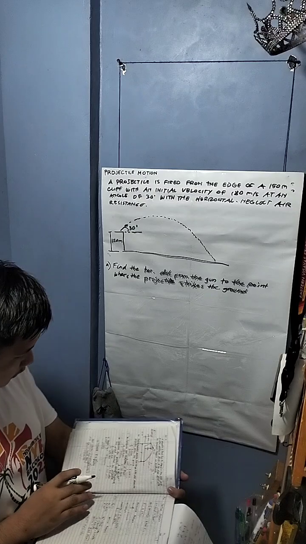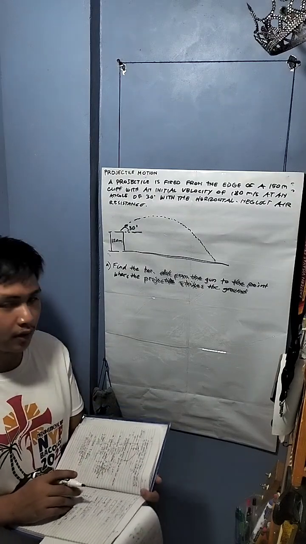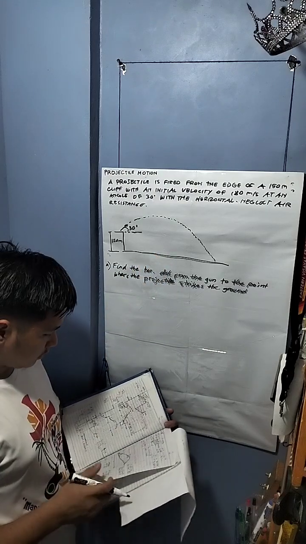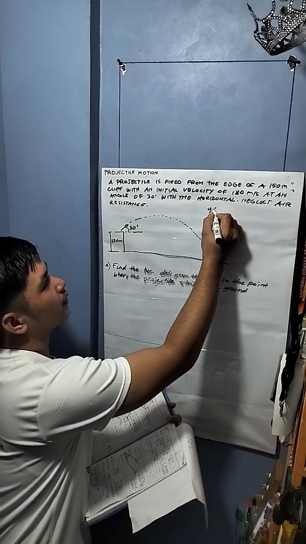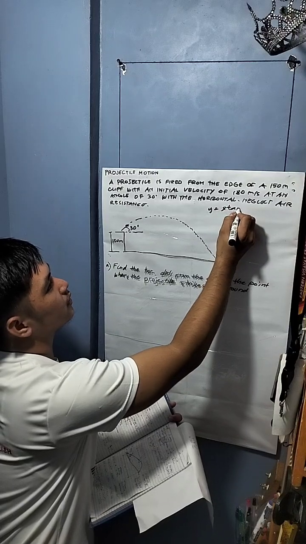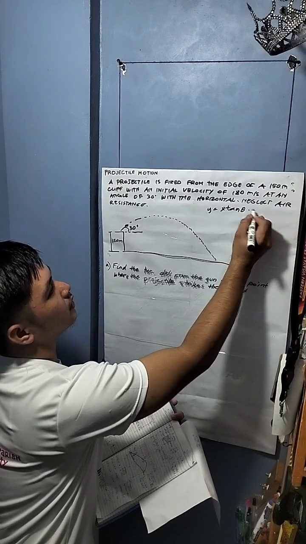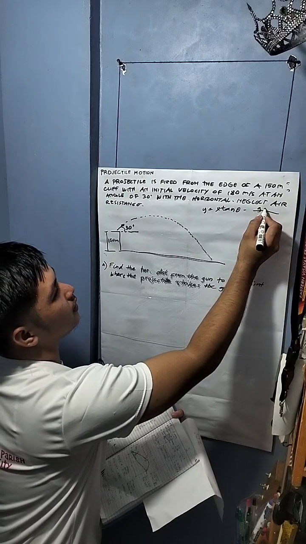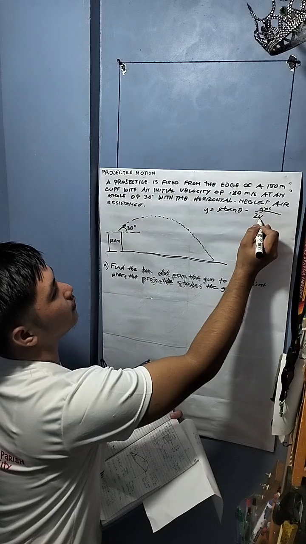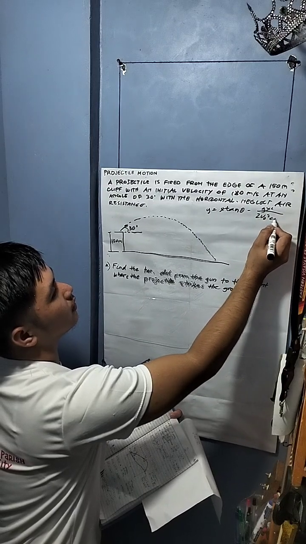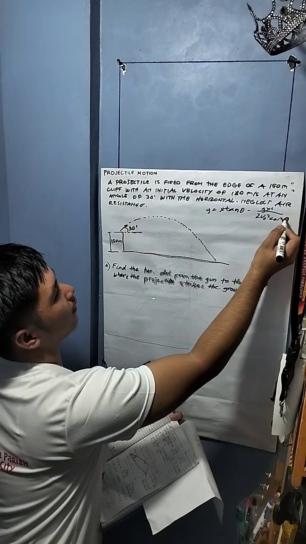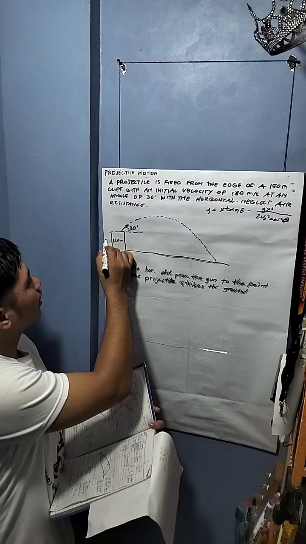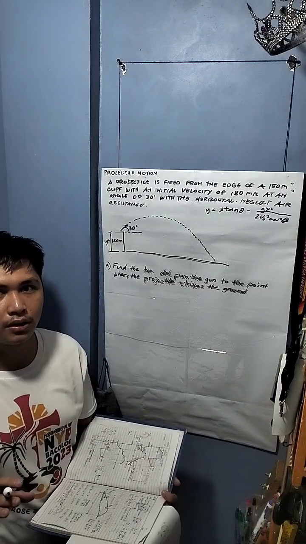So firstly, we can use this derived formula: y equals x tangent of theta minus g x squared over 2 V naught squared cos squared theta. We know our y, which is this 150 meters.